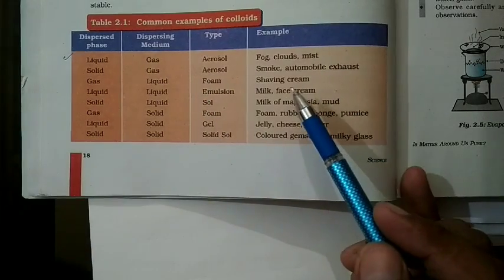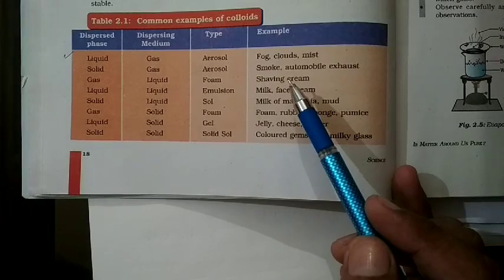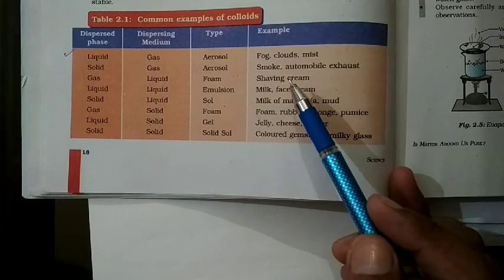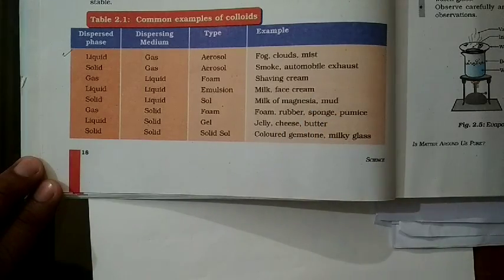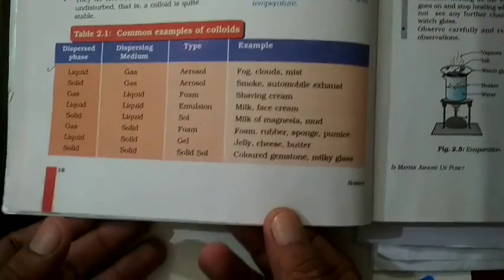Sometimes it is asked, write one example of an aerosol as a liquid and gas. So the liquid-gas combination can be given like this. It is given in the book; you can refer to the book for this purpose.